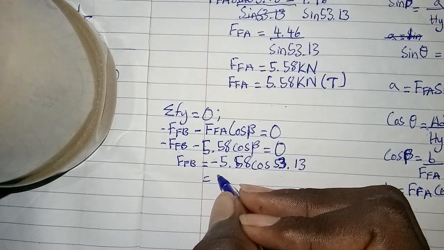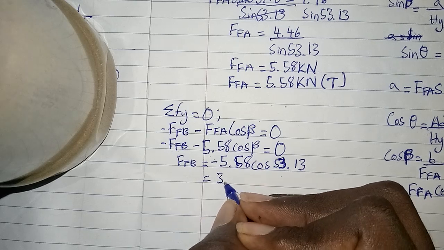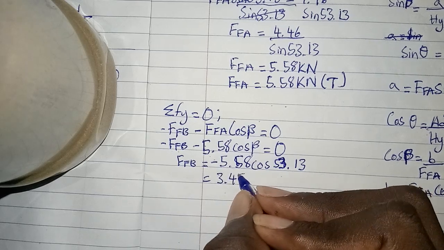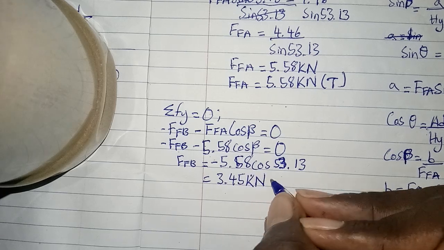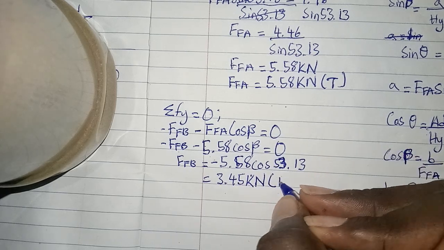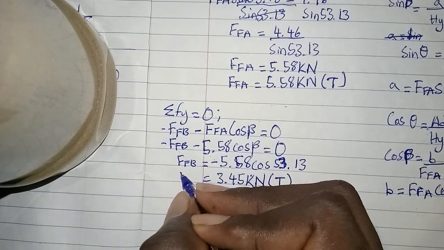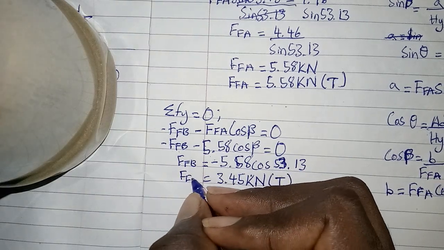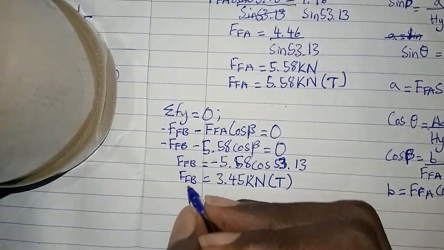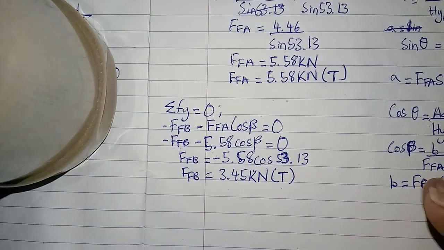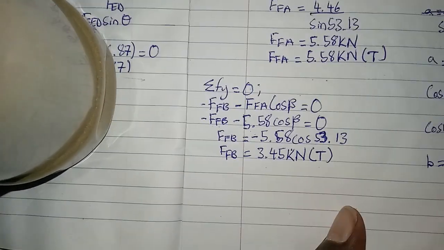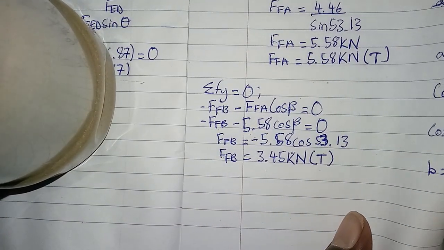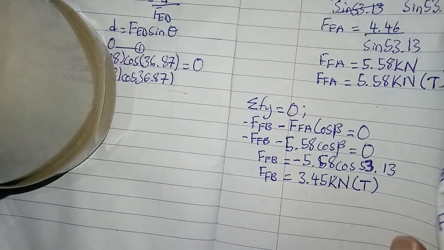So we get 3.45 kilonewton, tension. So force FB is equal to 3.45 kilonewton tension.